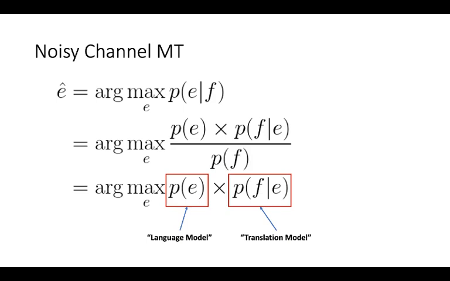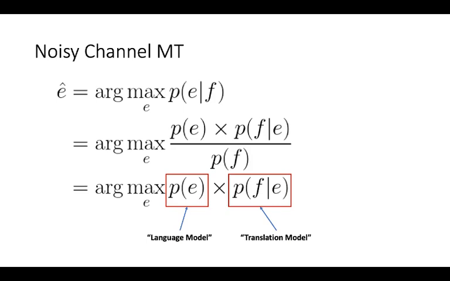In that case, we want to find the most likely translation in English by taking the argmax of the conditional probability here. And if you want to find the correct translation E, the denominator P of F has no relation to E, so we can ignore it and just focus on the two terms here.